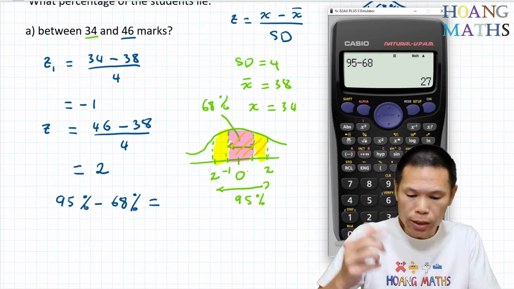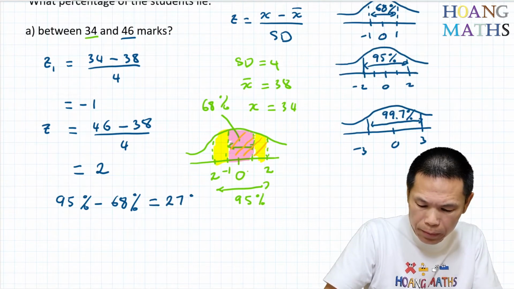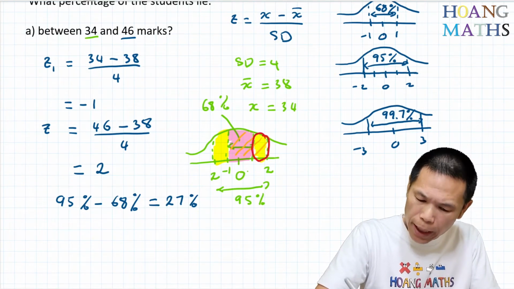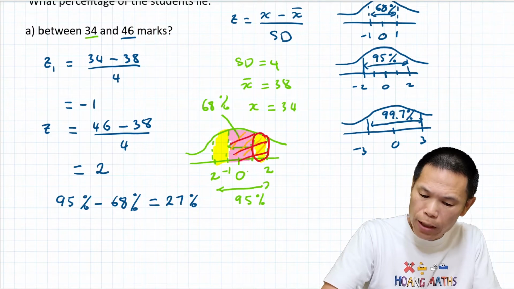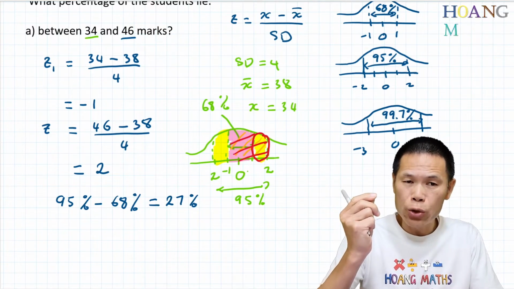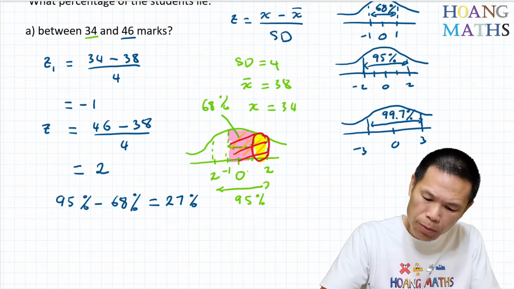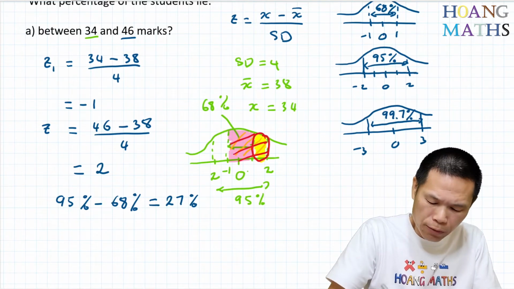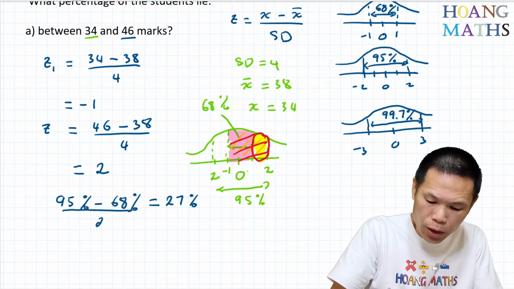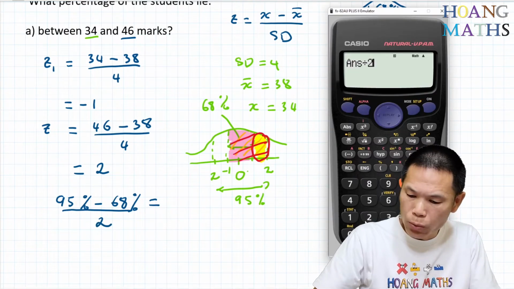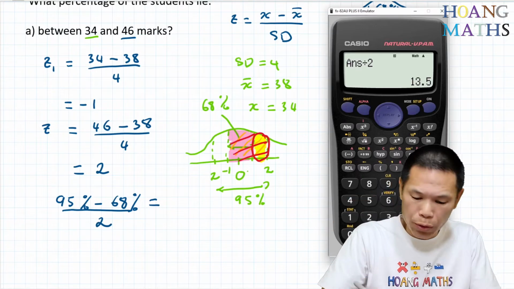So that is 27%. But then I only need one of these, so that I can add these together. So to work it out, I just divide by 2 because they are symmetrical. So if I divide by 2, that will only give me one section of this. So let me just clear this. So just go answer divided by 2. So there you go, 13.5%.